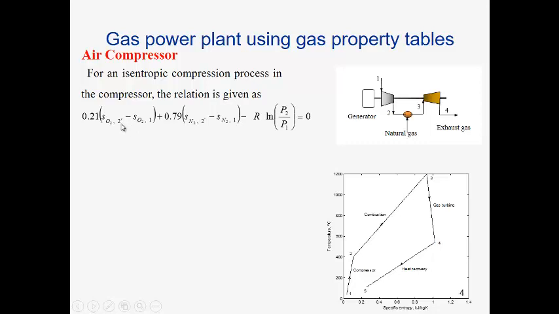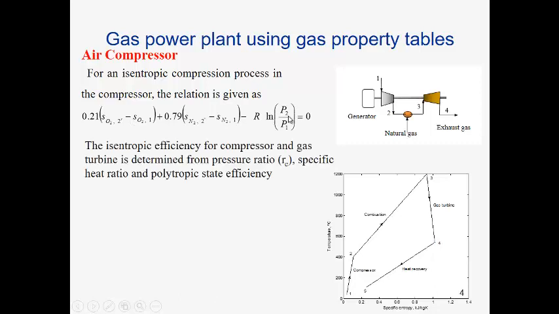These oxygen and nitrogen entropies are considered at the assumed temperature, as P2 by P1. This R log P2 by P1 takes the entropy generation due to the pressure difference. So this entropy is determined as a function of temperature as well as pressure.